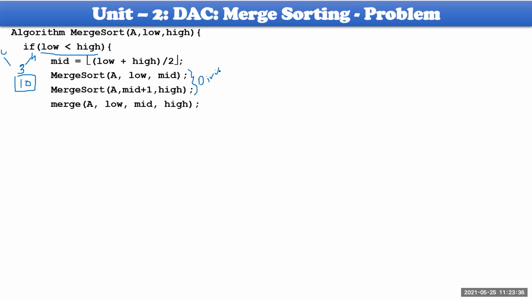Then merge will be operated. Merge takes responsibility to conquer and combine. Conquer and combine can be done by merge. Okay, that is all about merge sort. Merge is a very big topic, so please go through this.